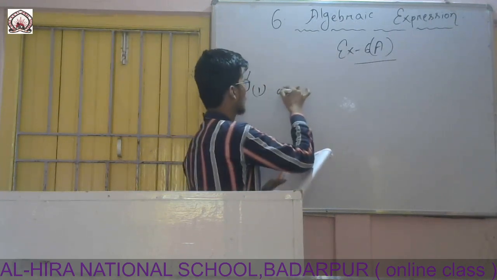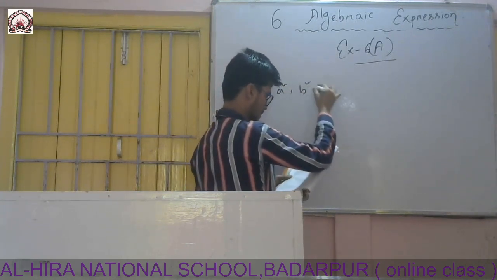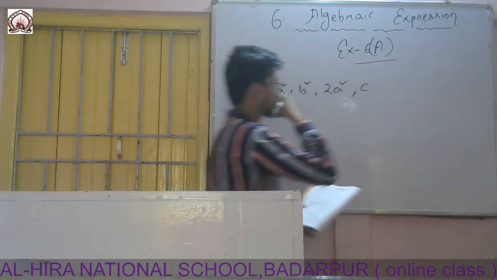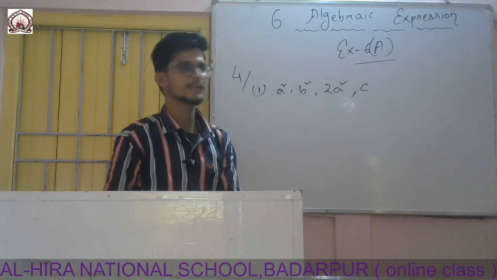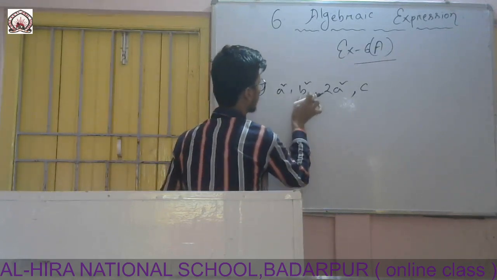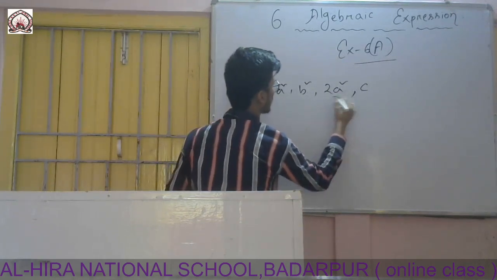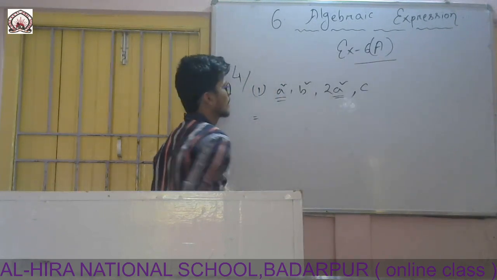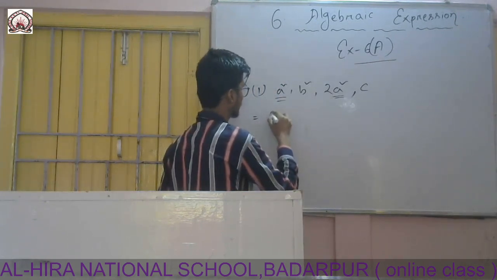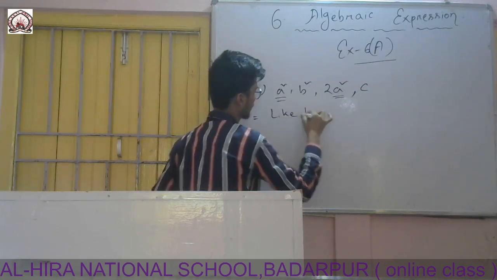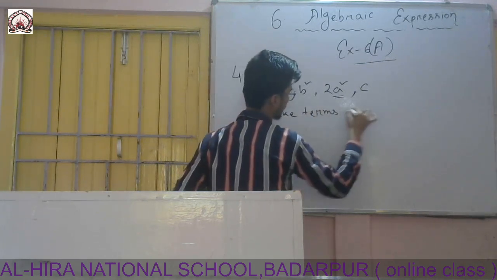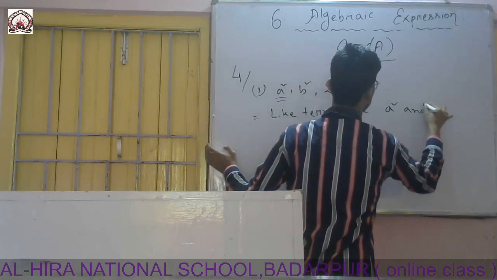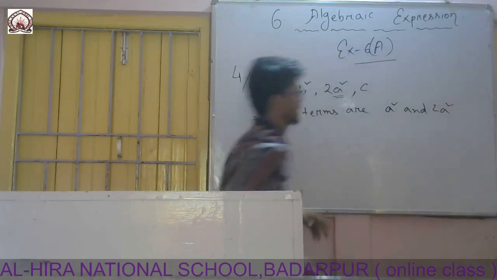Question is given, one term is a square, another one is b square, another one is 2a square, and the last one is c square. So see which two terms have the same literal factors. Here a square, there b square, there also a square. That means these two are same. B square and c square are not same. That means the like terms are a square and twice a square. Simply you can write the answer.